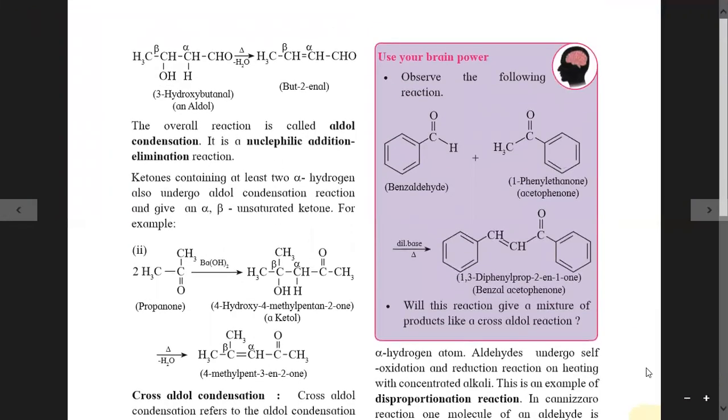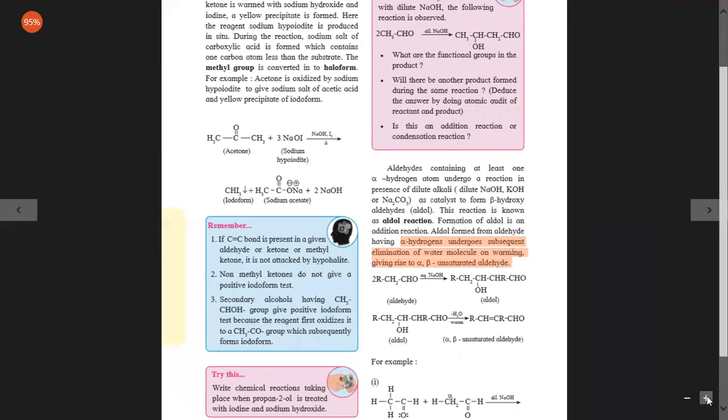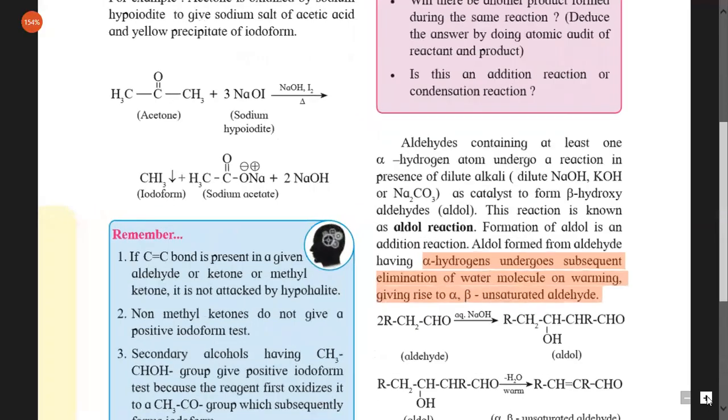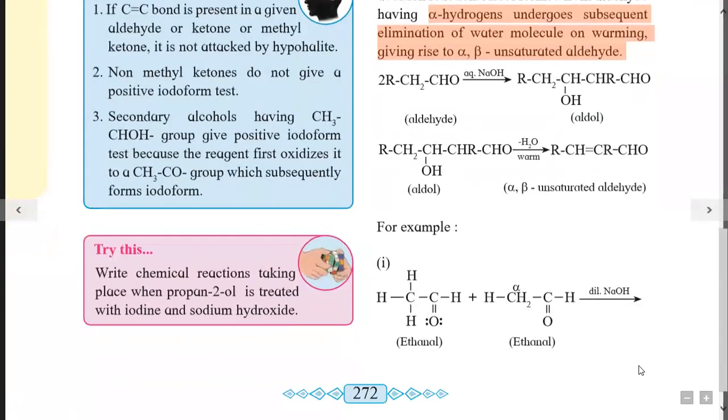Two molecules of aldehyde containing alpha hydrogen atom, when treated with aqueous NaOH, then the formation of aldol takes place, that is, the alpha carbon atom of one aldehyde gets bonded to the carbonyl carbon of the other aldehyde.